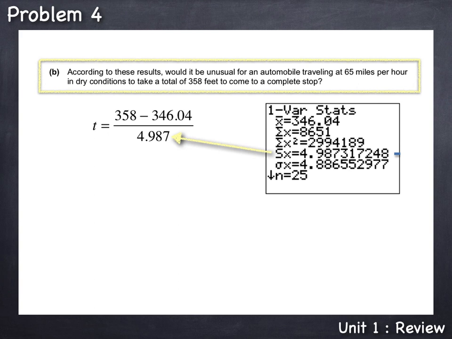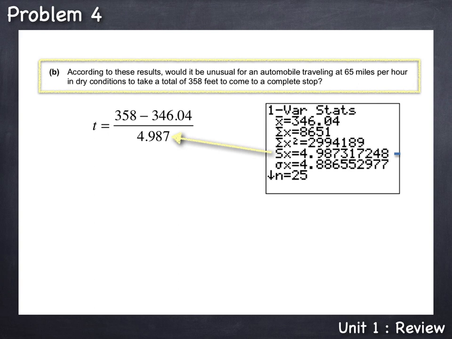So that means we need to carry the 3 decimal places in the calculation in order to have our final result have accuracy to 2 places after the decimal. So rounding s sub x, the sample standard deviation, to 3 places after the decimal gave us the 4.987.